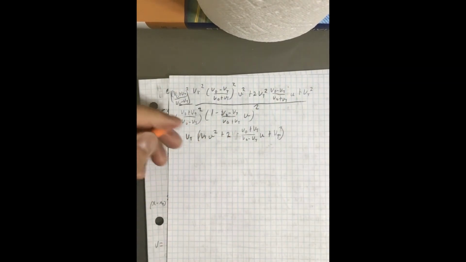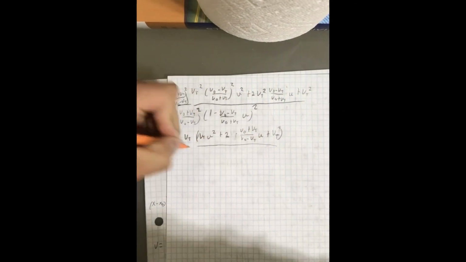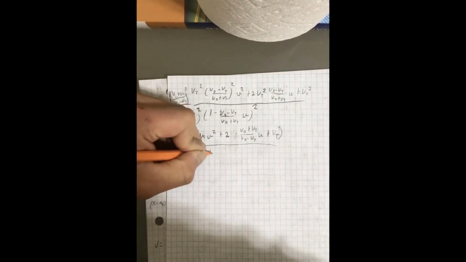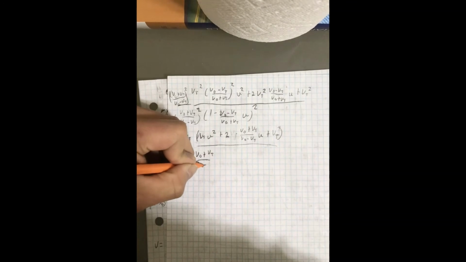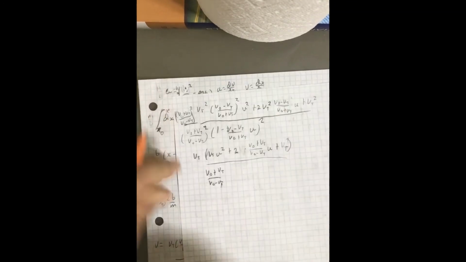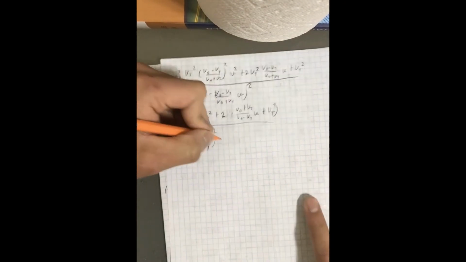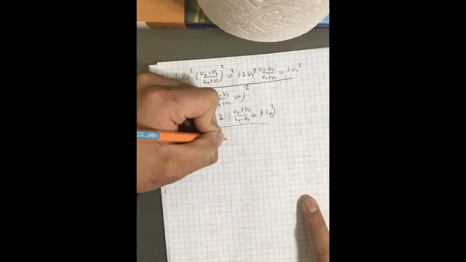Okay, probably make things a little easier. And then on the bottom, we're going to have (V naught plus Vt over V naught minus Vt) squared minus u.